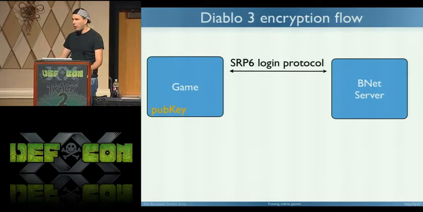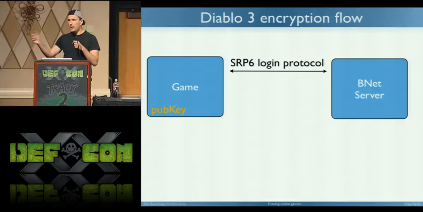It's a 6-step protocol. I'm not going into details. If you Google SRP6, you're going to find it. The basic idea is you hash your password with a secret and a nonce, and then you exchange that with some sort of Diffie-Hellman crypto. And basically, the network attacker has no way to brute force your password. That's why it's pretty good. It's actually the right way to do that.